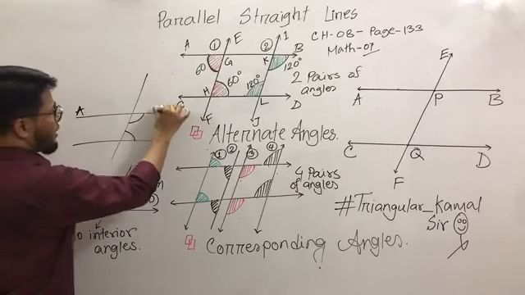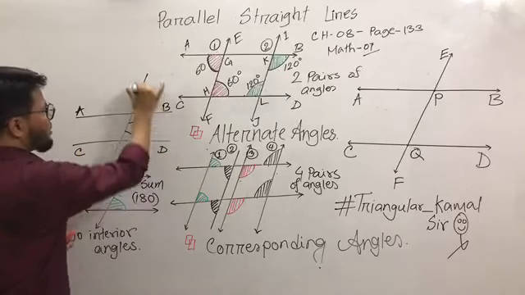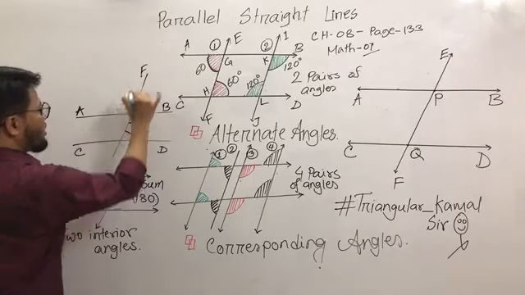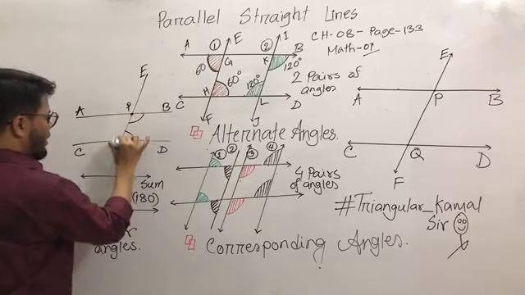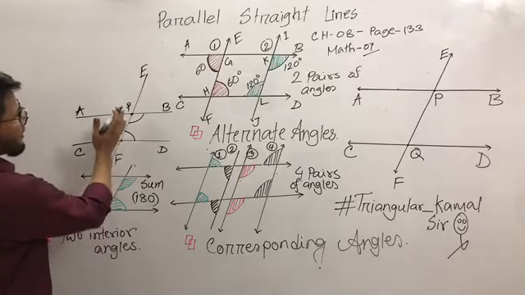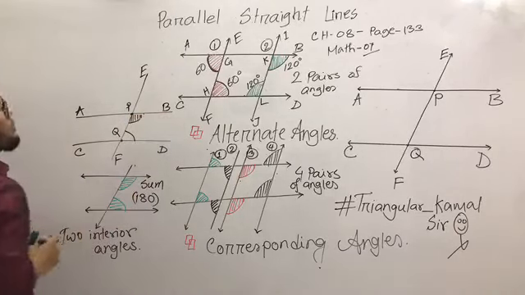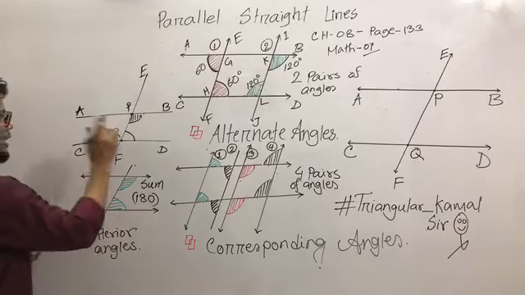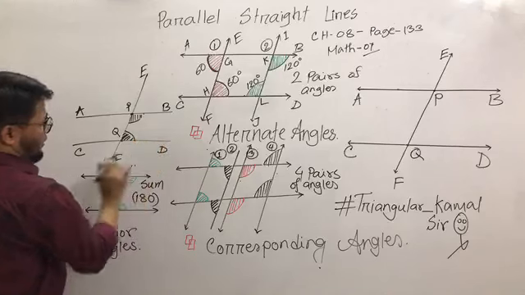This is AB, this is the line CD, and the transversal line is EF, at the point P, and this point is Q. The transversal line makes this angle with line AB, and on the same side the same transversal makes this angle.